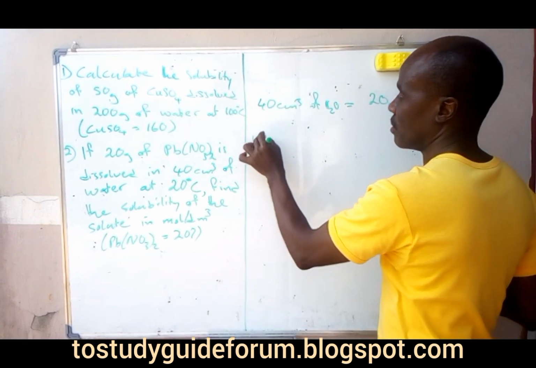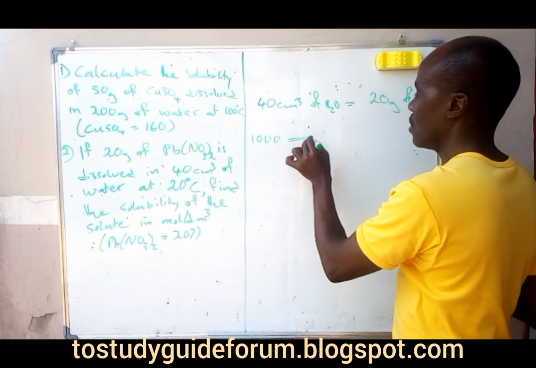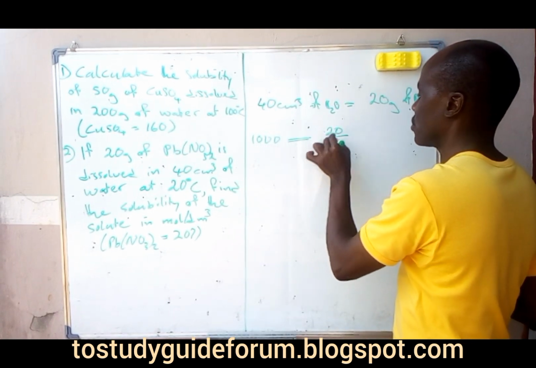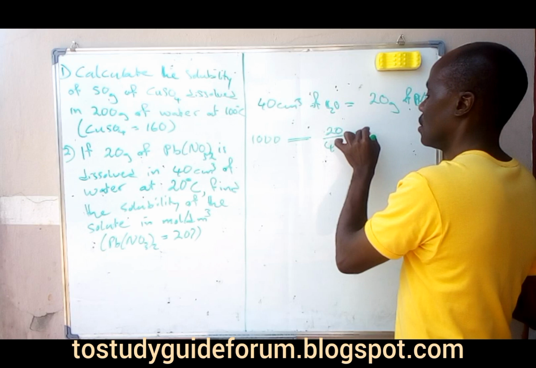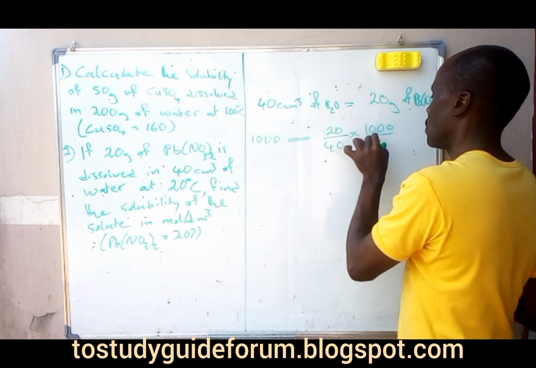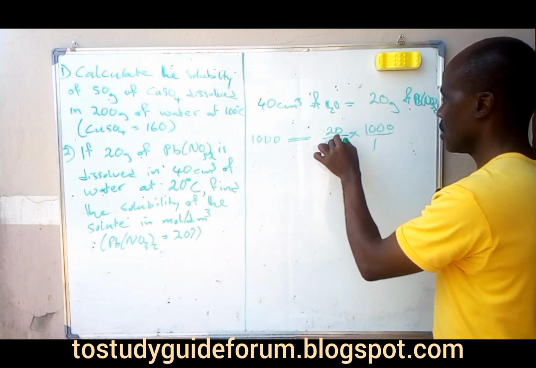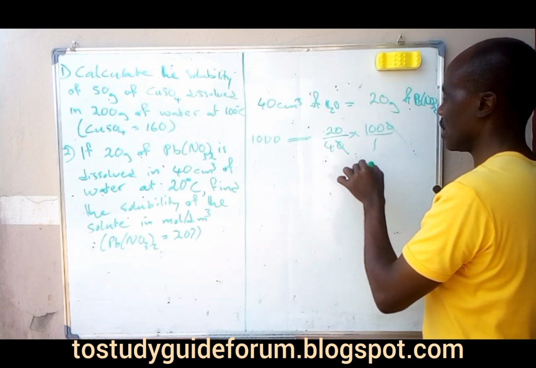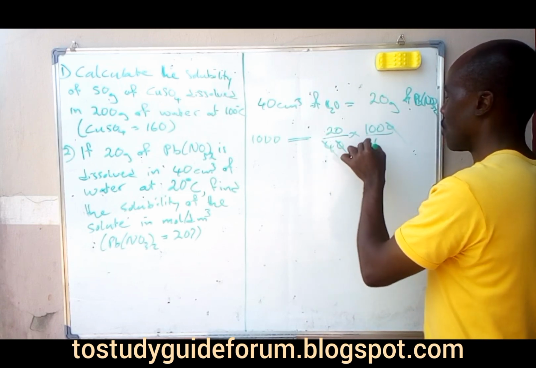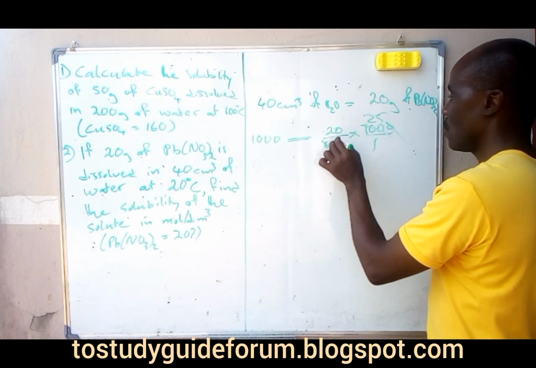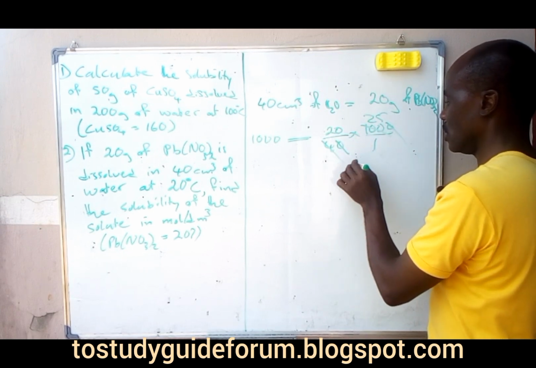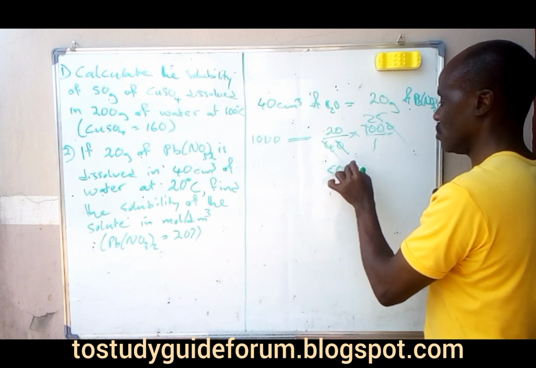So 1000 cm cube will be saturated by 20 over 40 multiplied by 1000. The zeros cancel out, and we have 25. 25 multiplied by 20 gives 500.